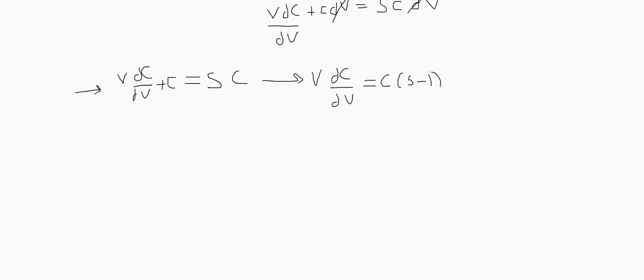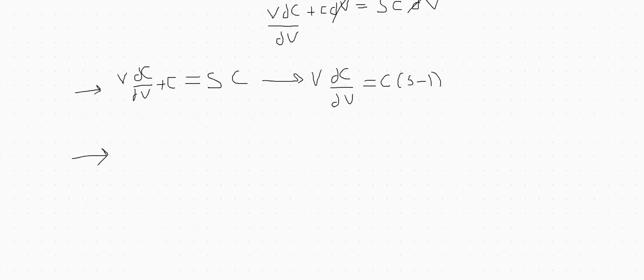Now, we can continue to rearrange things here. What I'm going to do, a couple steps in one, is divide each side by C, and then multiply each side by the dV, and then also divide by V. So essentially, I'm bringing the C over here, and then this V dV over to the right side.